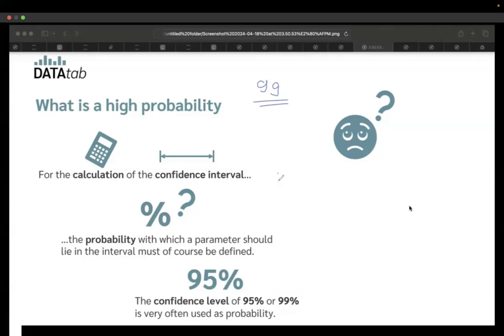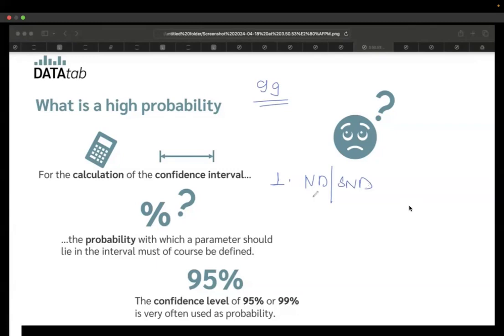Point number 1, the confidence interval always works with a normally distributed data set or a standard normal distributed data set. If your data set or sample is normally distributed, then you can find the CI; otherwise you cannot. If you are drawing the sample, make the sample come in the normal distribution format and then find the CI for that sample.